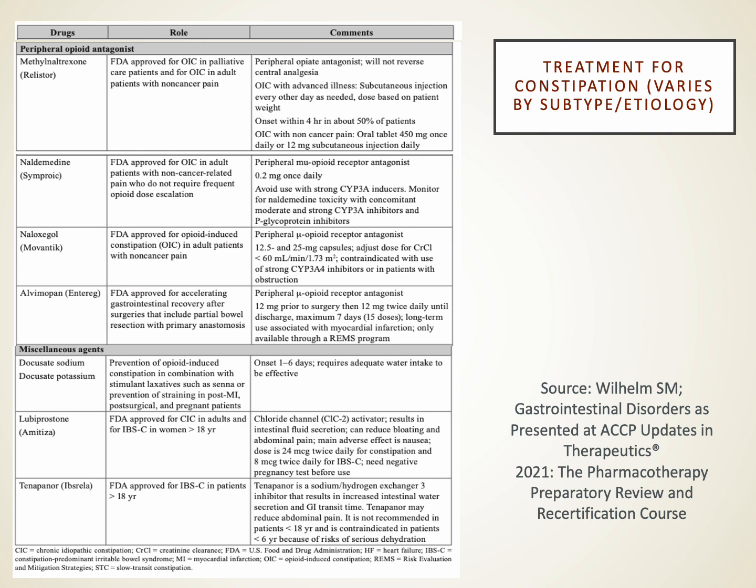And I will say that while they may make some sense, these are agents that don't have a widespread use, that the ongoing safety and efficacy of these agents is still to be determined. In my mind, at least, even though they are FDA approved, they'd really be considered second-line agents, and we don't see them used very much. In addition, these agents will probably end up requiring prior authorization if you prescribe them.